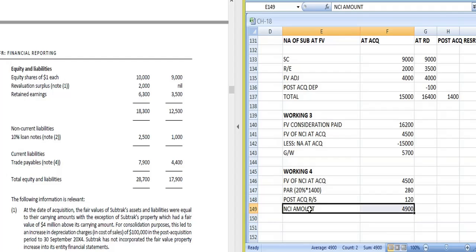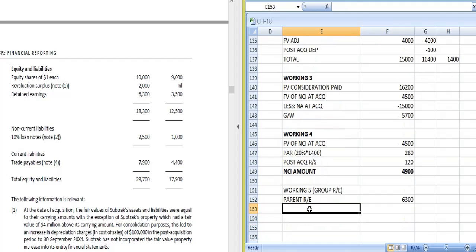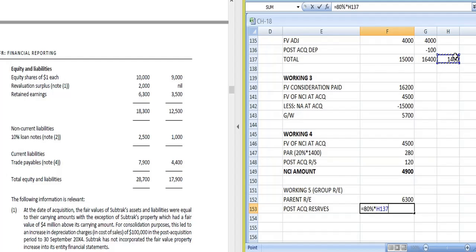Okay, so now we will do working 5, which is for the group retained earning. Parent retained earning, which is given in the question, you can have a look at it, 6300. Then we will add post acquisition reserve. So parent percentage is 80% into post acquisition reserve, which is 1400.